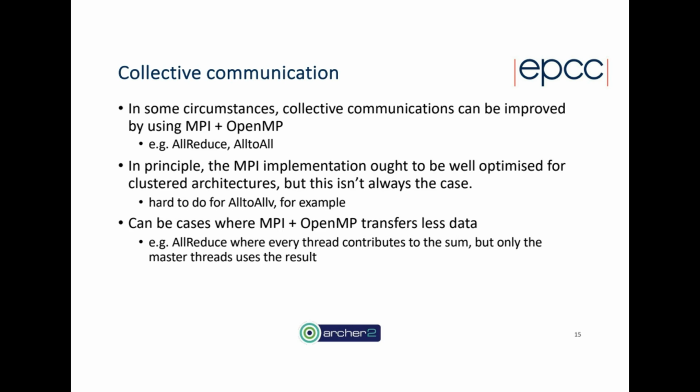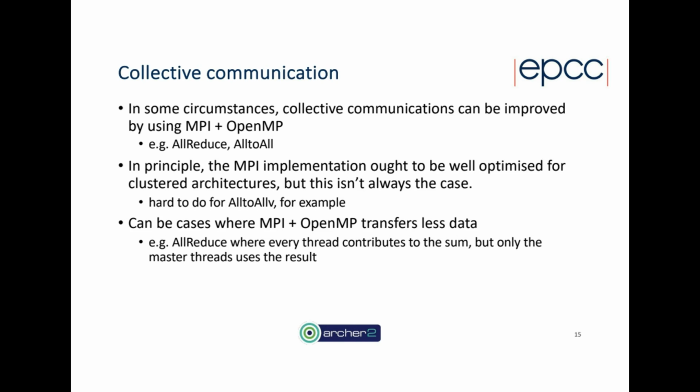So there can be cases where MPI and OpenMP transfers less data. Okay, so for example, you might have a situation where you have an all reduce, where every thread contributes to the sum, and then you do an all reduce across MPI processes, but once the MPI is finished, maybe only the master thread uses the result.